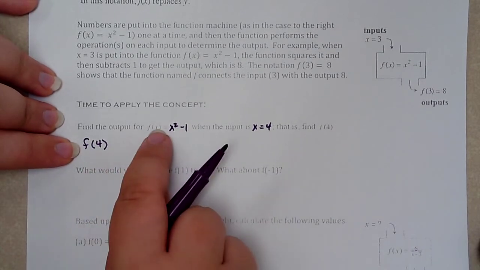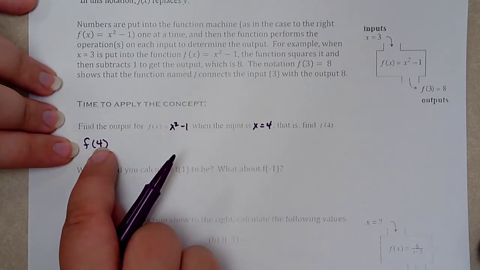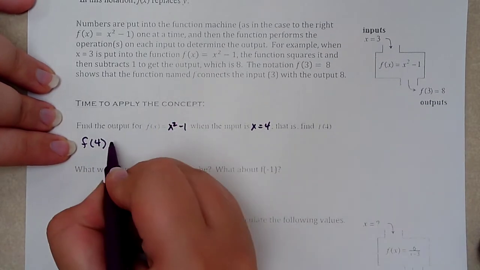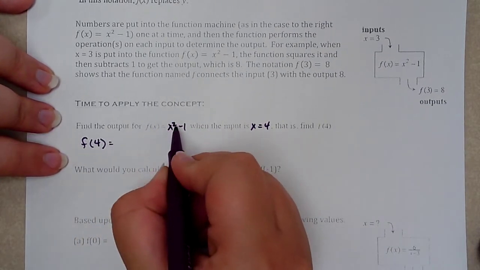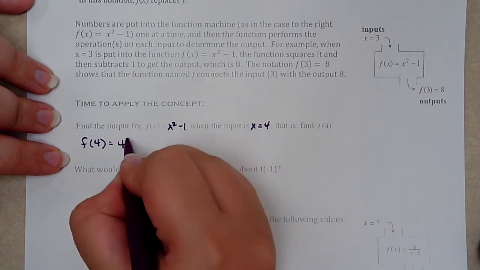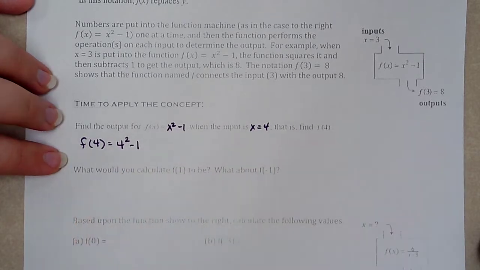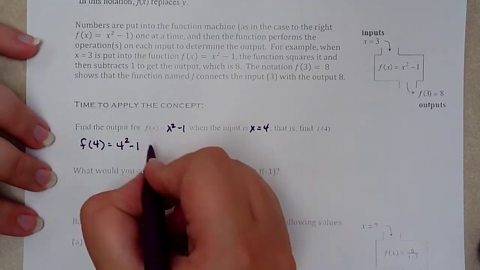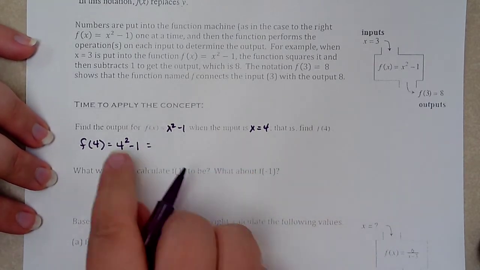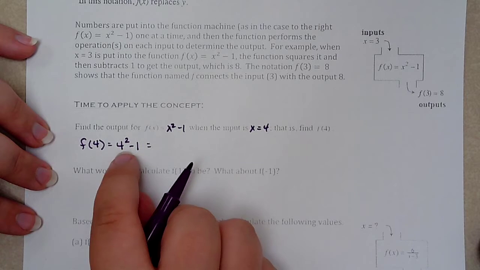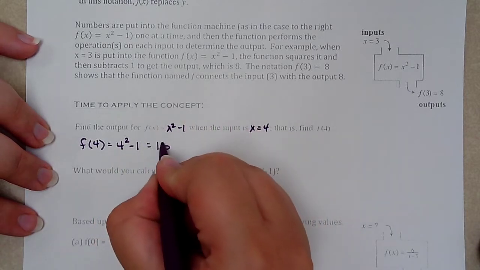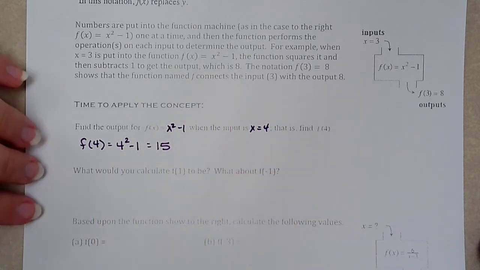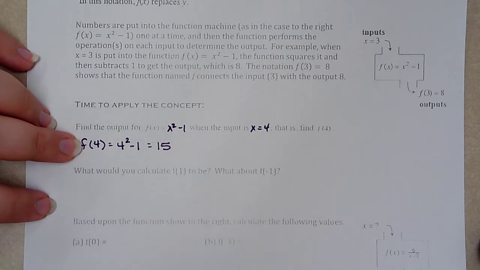But notice when we replace x with 4, that is what we're going to do in the function as well. So anywhere that I used to see x, I'm now going to put the number 4. That is me inputting a number into the function and solving to get a number out. 4 squared is 16. 16 minus 1 is 15. So f of 4 is 15.